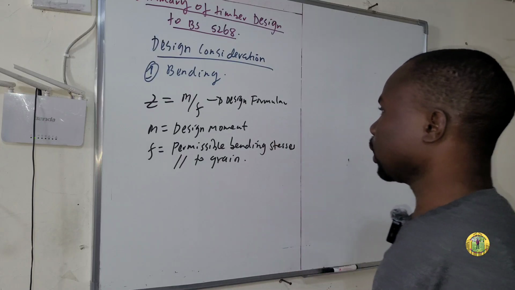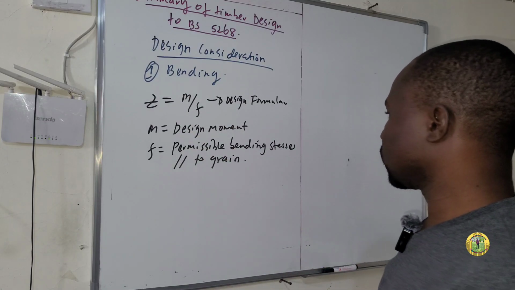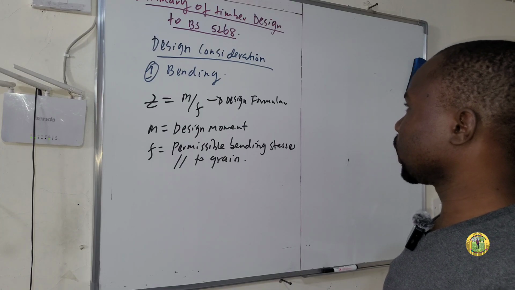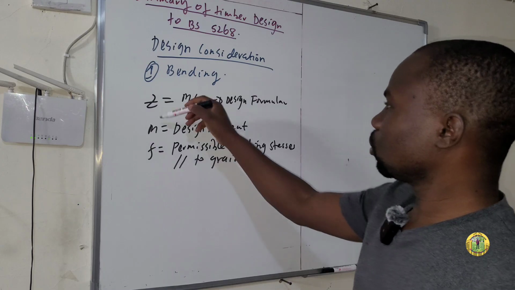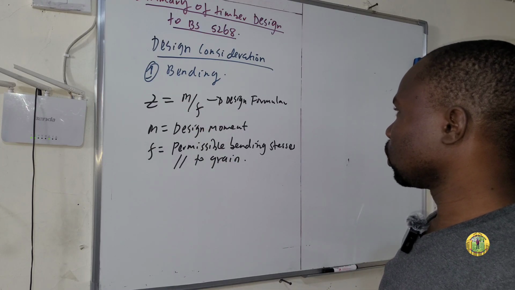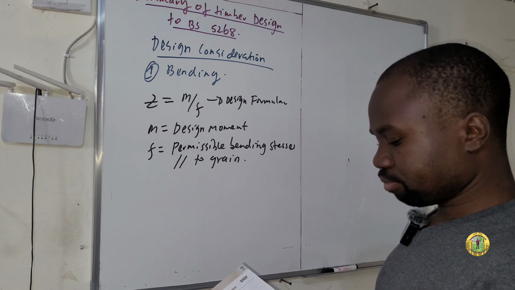So our aim is to get Z. If you get Z, then you will be able to go to the table with the value for Z and obtain the section for that value.